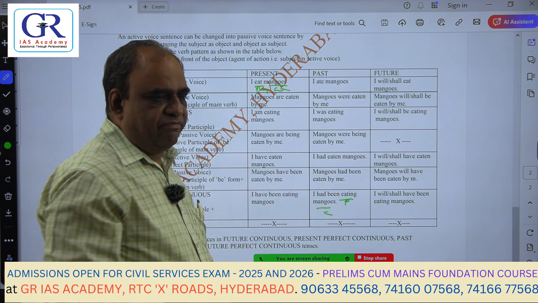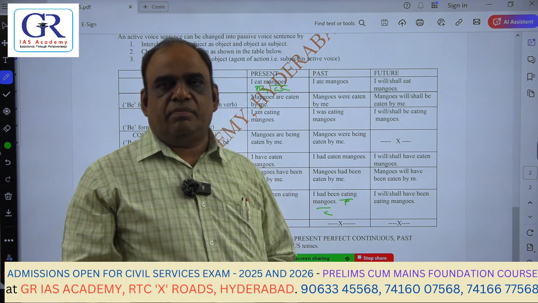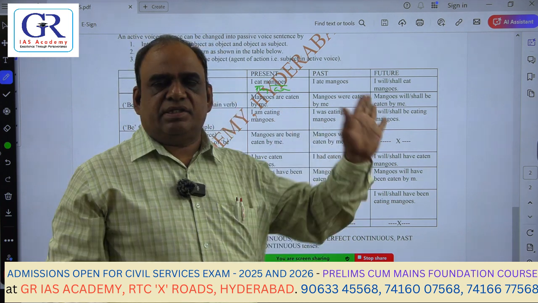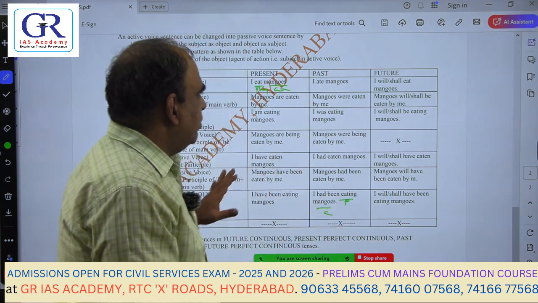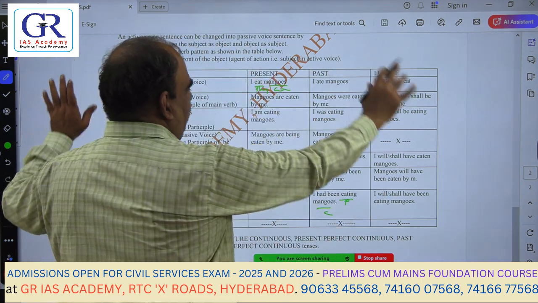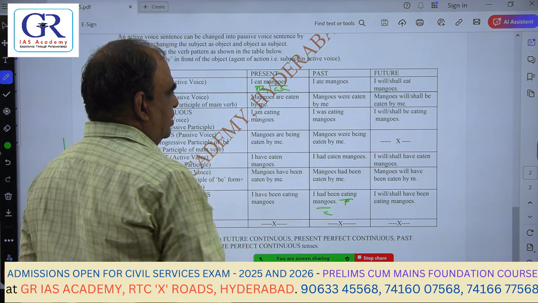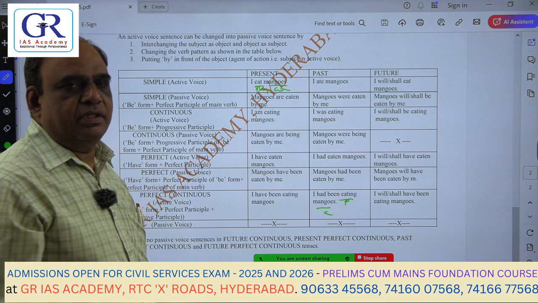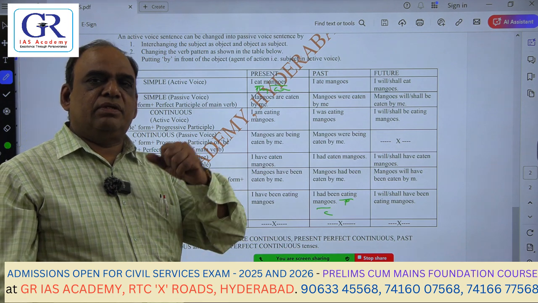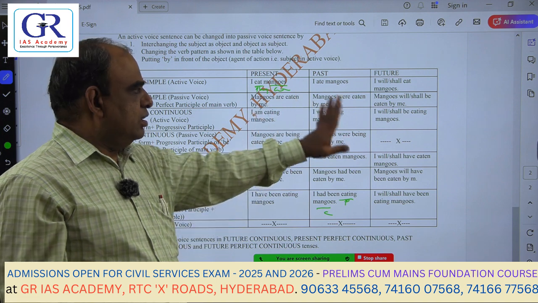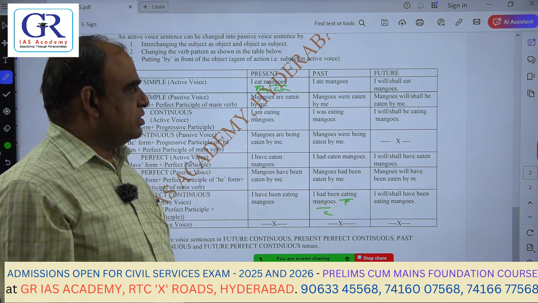Okay. Just by changing the main verb and correspondingly the object, automatically you can make any sentence in the world. If you have a full understanding of this active voice and passive voice and tenses, then automatically you will be able to rule the world. These 20 frameworks, these 20 models, will be very helpful to you.